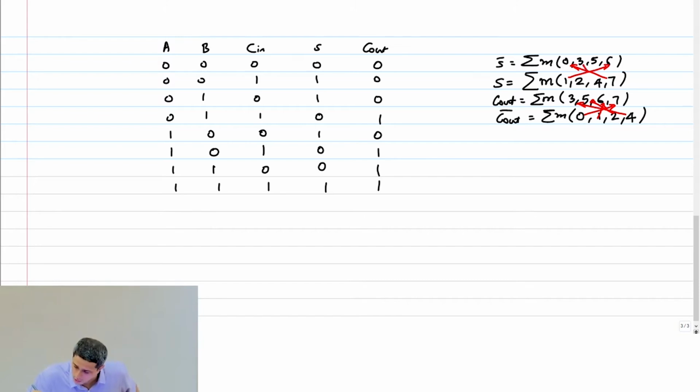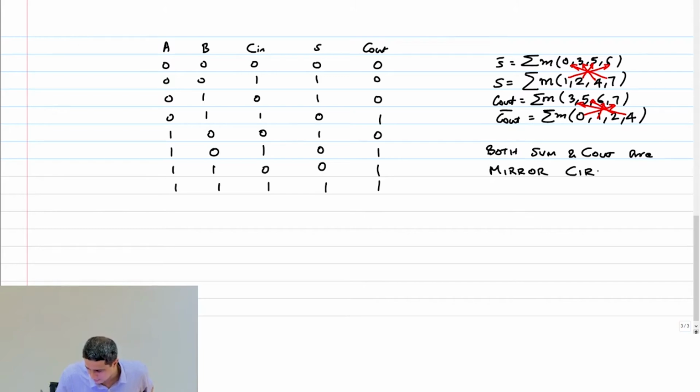So that also is inverting. 2 and 5: 0, 1, 0, 1, 0, 1, right? So clearly, the conclusion is both sum and carry out are mirror circuits.